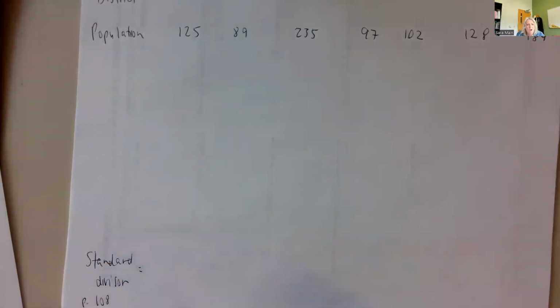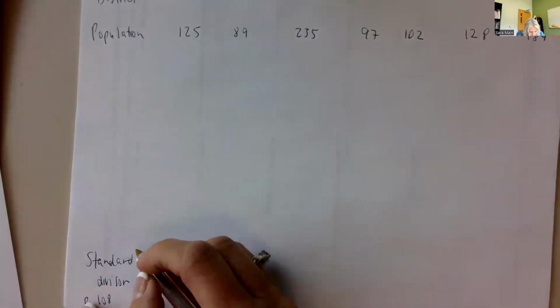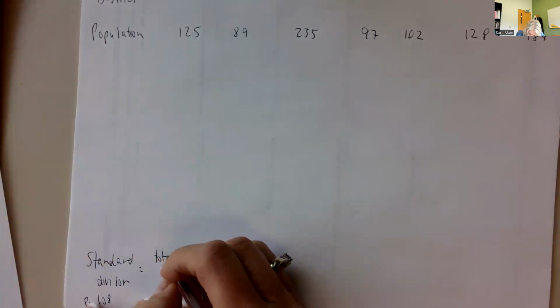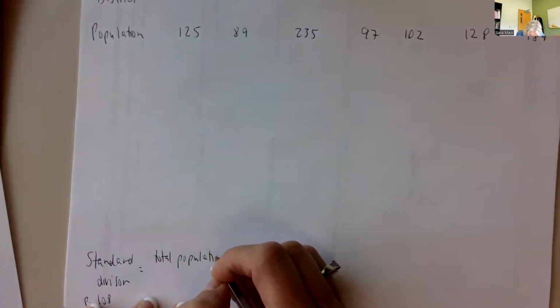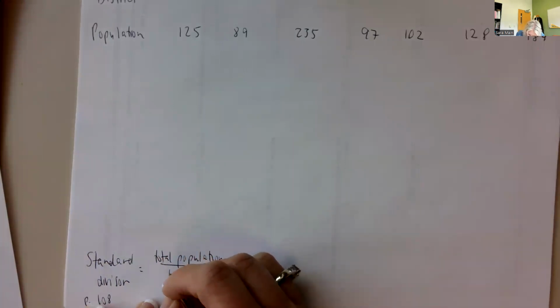So standard divisor. This is on page 108 as the formula, and it is total population divided by number of seats.